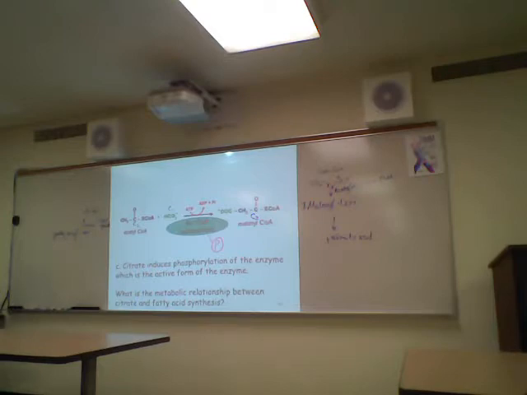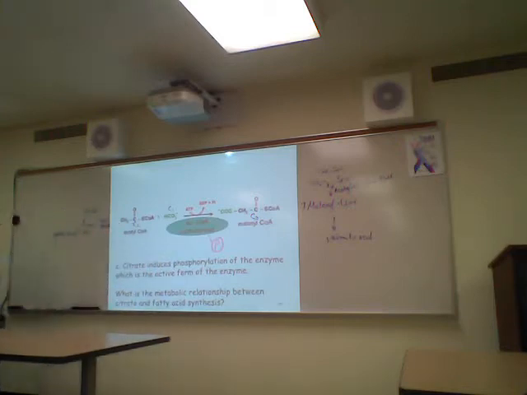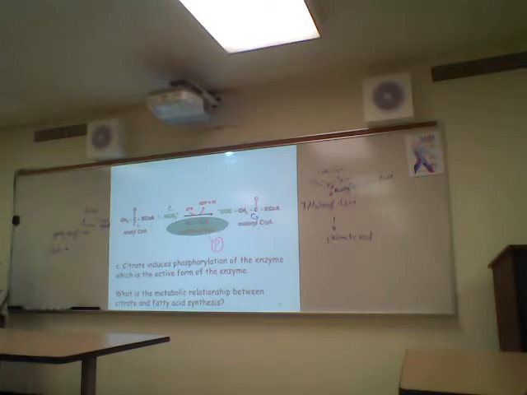So why is citrate phosphorylating the enzyme to put it into the active form? So if there's a ton of citrate, it's not going to overwhelm the citric acid cycle.